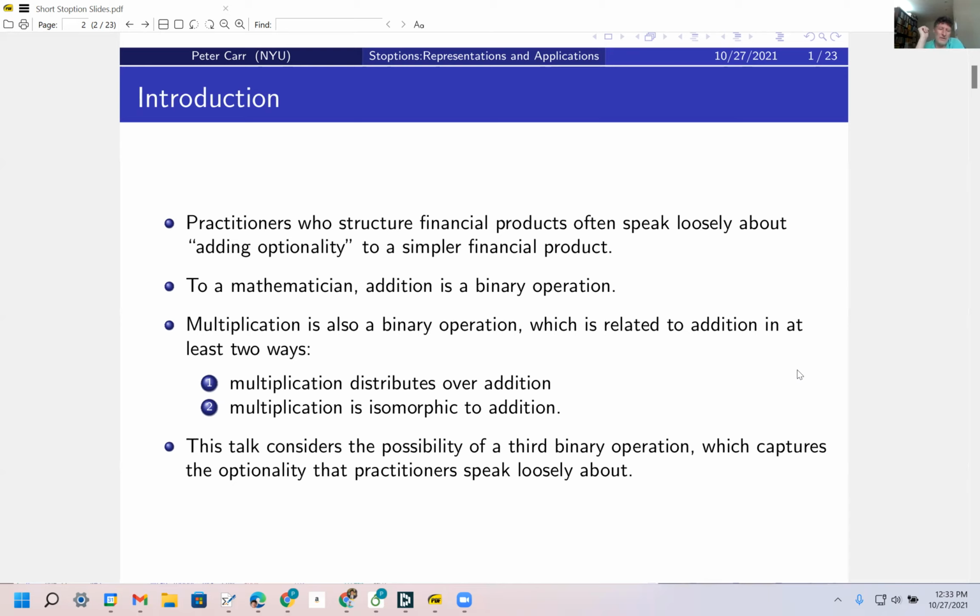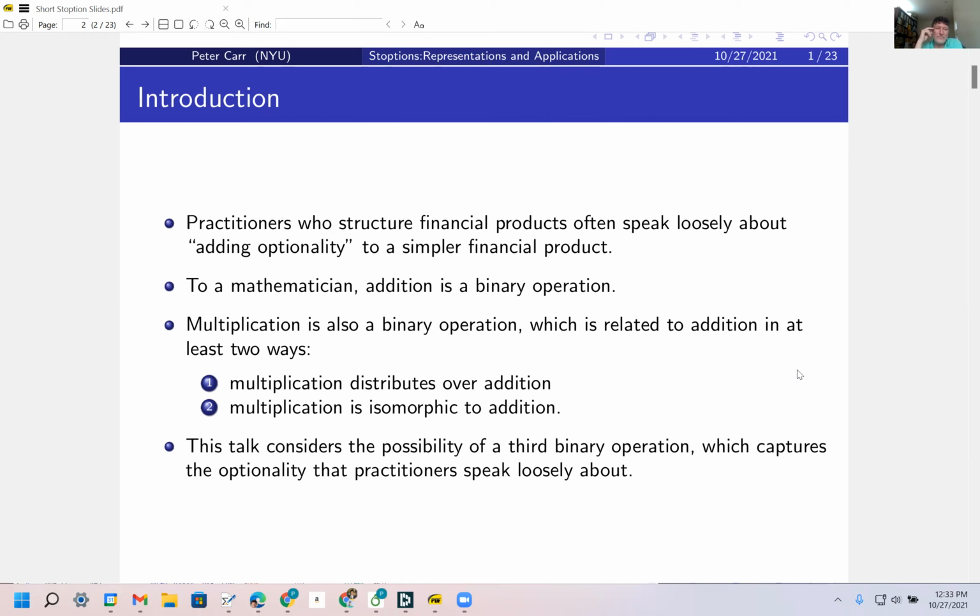Isomorphic means that there exists a structure preserving map between the numbers in this case. Addition is commutative and associative and has a neutral element and has an inverse, and multiplication has all those things as well. So there's an isomorphism.